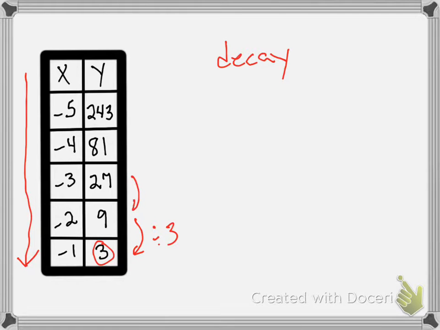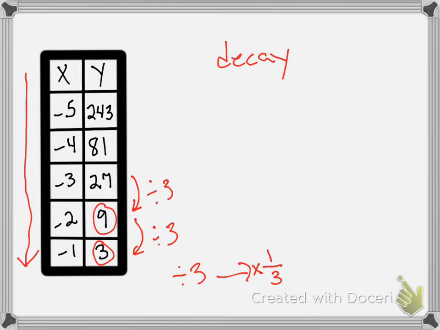We know that 27 divided by 3 gives us 9. So what we're really doing here is dividing by 3 each time, okay? Or instead of dividing by 3, think of it as multiplying by 1/3. They mean the same thing, okay?